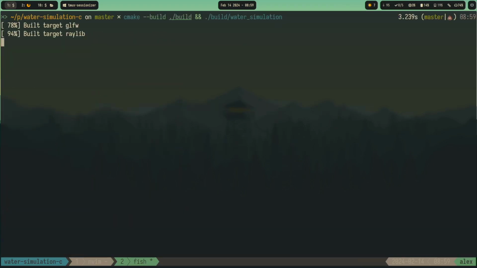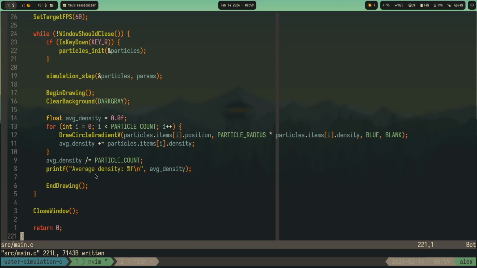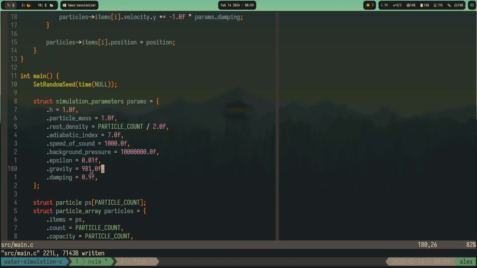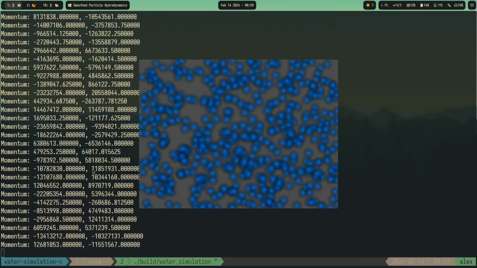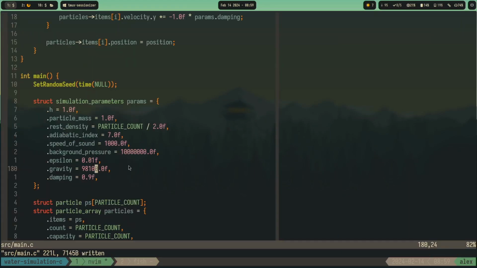Let's see the momentum. Oh, it's huge. So let's do this one also really big. And apparently it's not enough. Even larger.